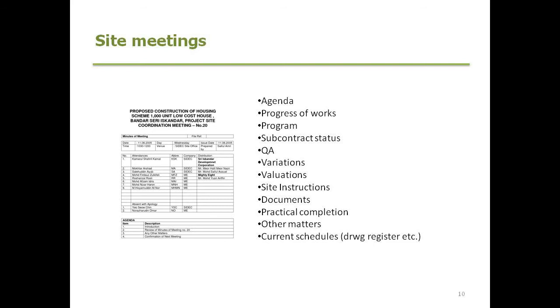A simple template and process of running site meetings is extremely important. It's important to get this clear at the beginning of the project. All those subheadings that I've noted here that are important to the project, either contractually, commercially, or that you see as possible problem areas as the project develops for different reasons.